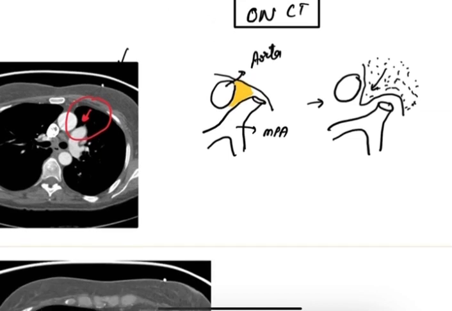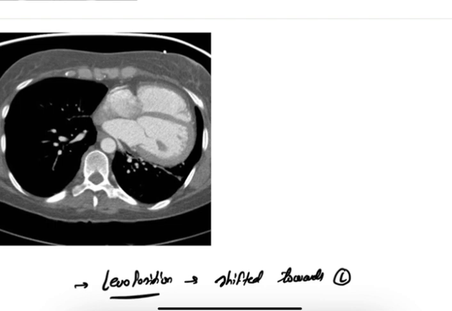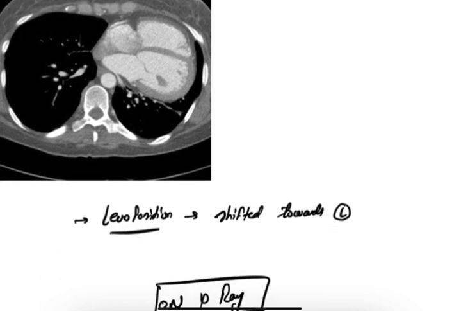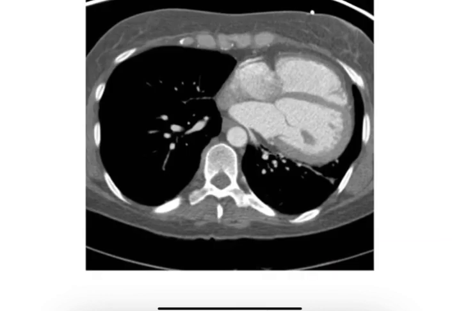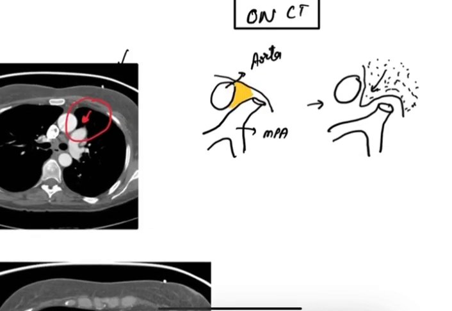What do we see on CT images? On CT images, we see there is levo position of heart. That is, heart is shifted predominantly toward the left side, as we can see in our image. And in the aortopulmonary window, normally fat is present. When pericardium is there, in this aortopulmonary window, fat is present.